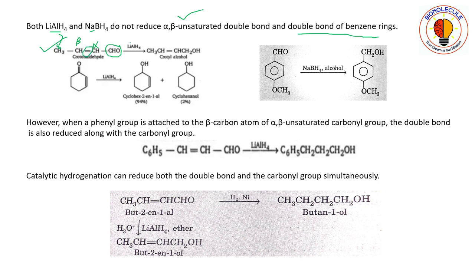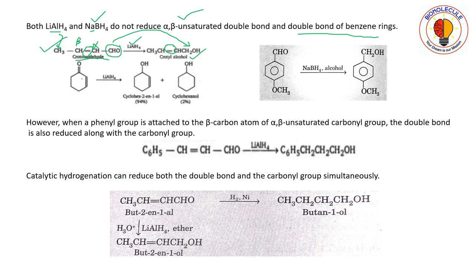If you treat it with lithium aluminum hydride or sodium borohydride, the alpha beta unsaturated double bond will remain intact. Only the aldehyde will get reduced to primary alcohol. That is, crotonaldehyde is being reduced to crotyl alcohol.